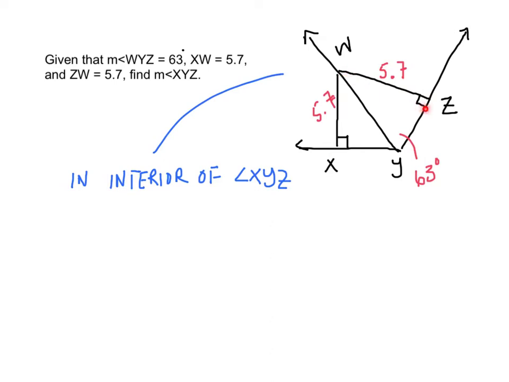Now, it couldn't just be two lines, not just two random lines. In particular, we have right angles. We have perpendicular lines. So what I notice again is that perpendicular lines going to W are congruent.